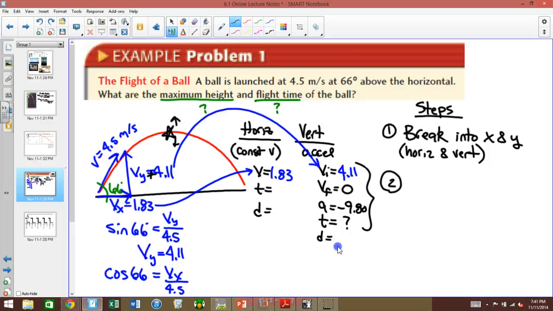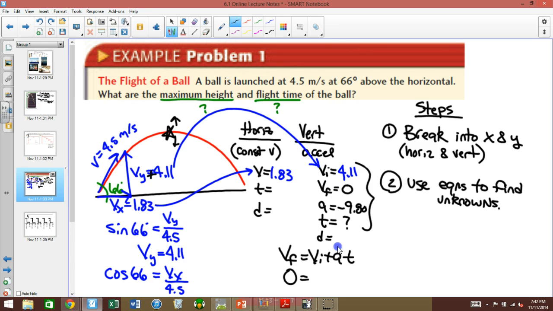So after we break it apart, use equations to find unknowns. So I'll find the time. I think I'll do VF equals VI plus AT. Final velocity, 0. Initial velocity is 4.11.